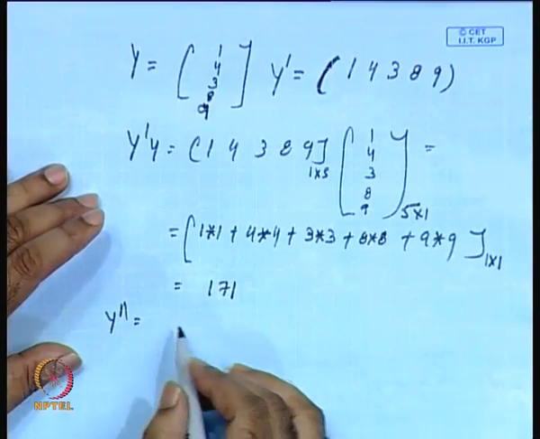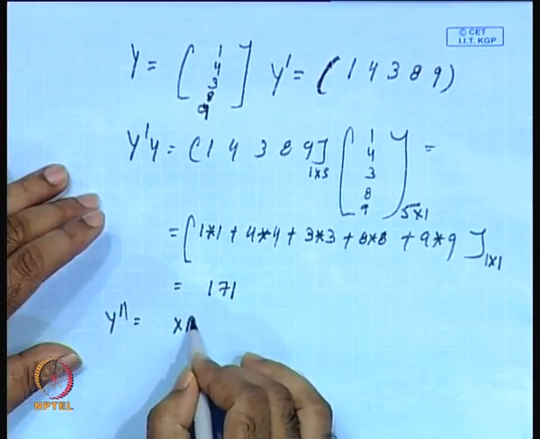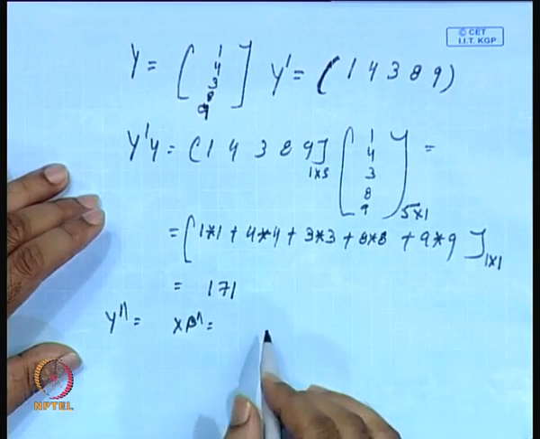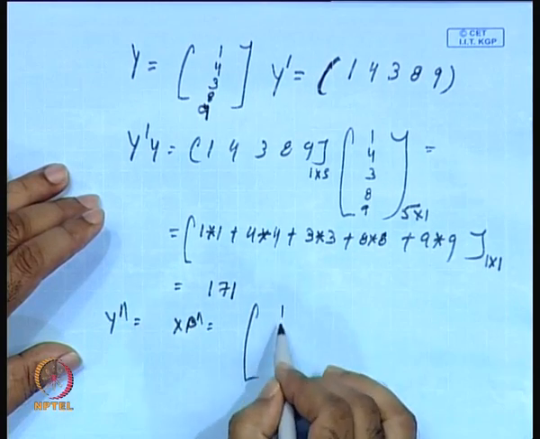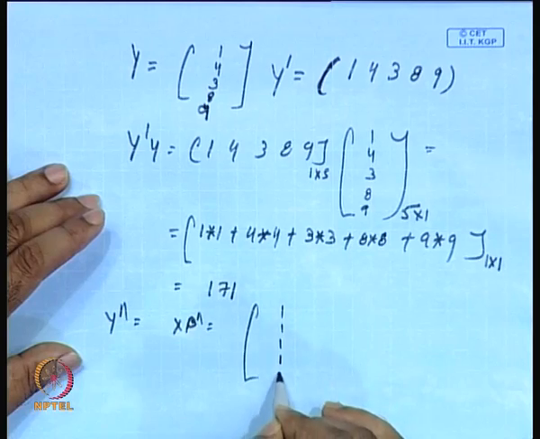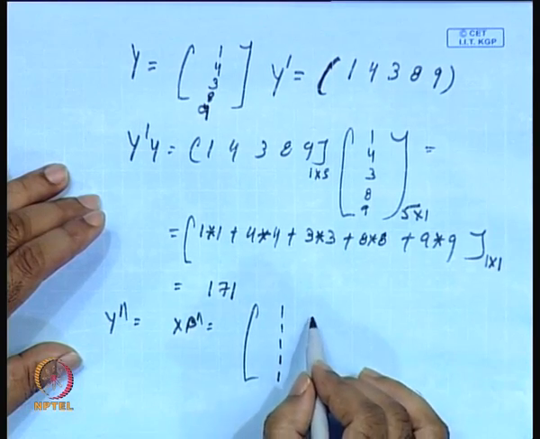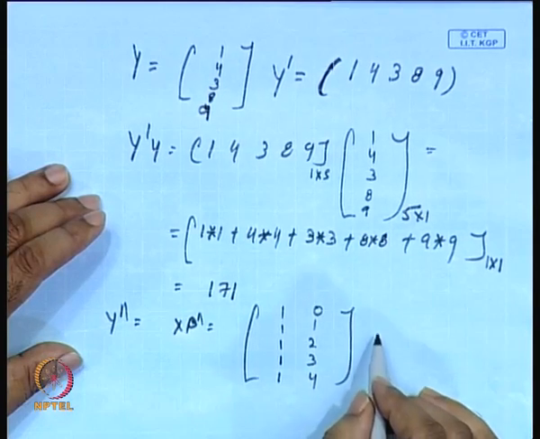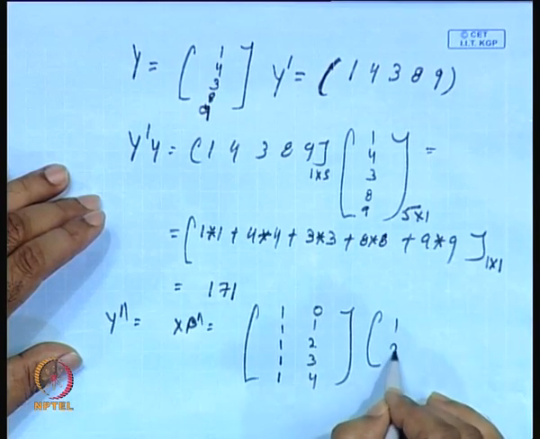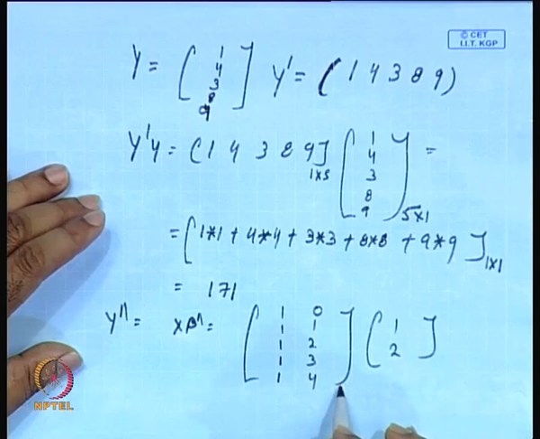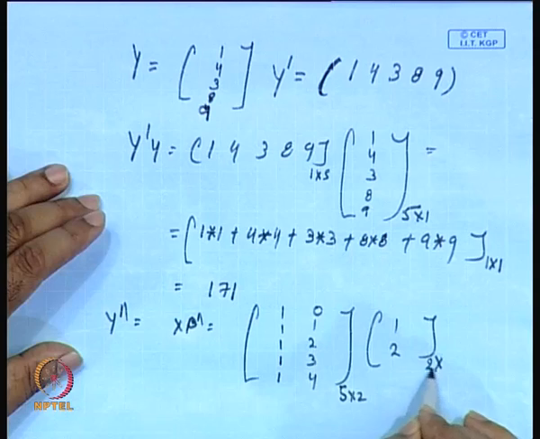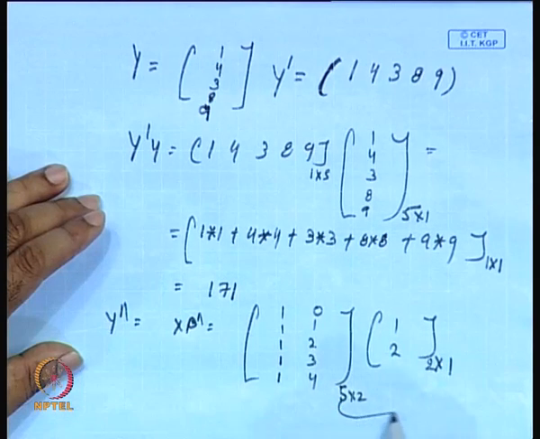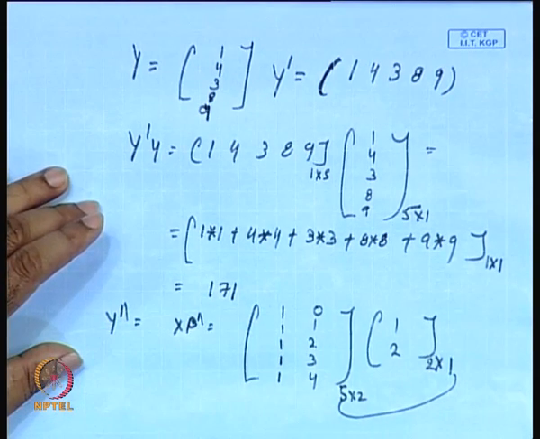What is x here? x is 1 1 1 1 1, five numbers, and 0 1 2 3 4, multiplied by beta hat, which is simply 1 and 2. So this is 5 by 2 and this is 2 by 1, so we will have the order 5 by 1.